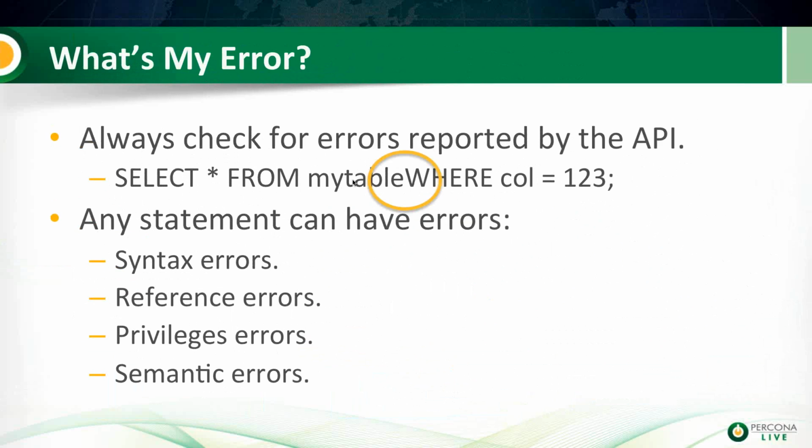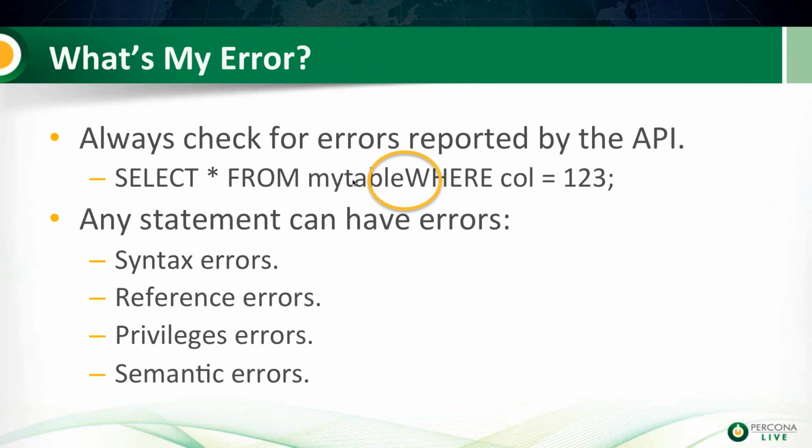Or semantic errors. Maybe you've done an ambiguous query and you're in a strict SQL mode so that it can't be executed. Otherwise, it's syntactically correct and privileges-wise correct, but you're trying to do something that SQL can't do, like an ambiguous group by, or a limit on non-numeric arguments, or some of the other cases where it's ambiguous.